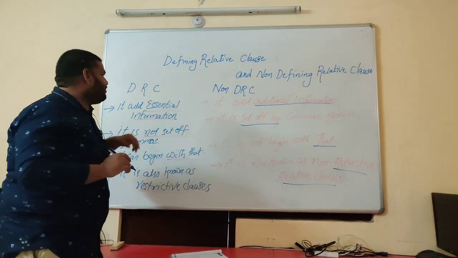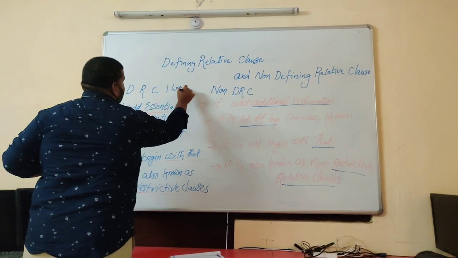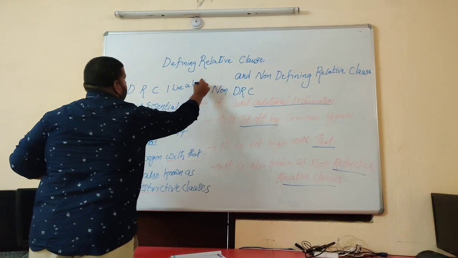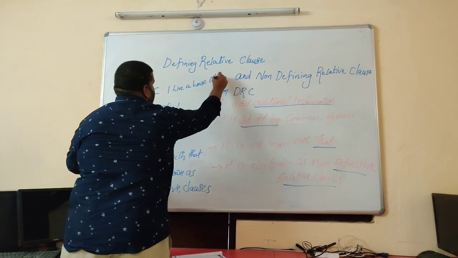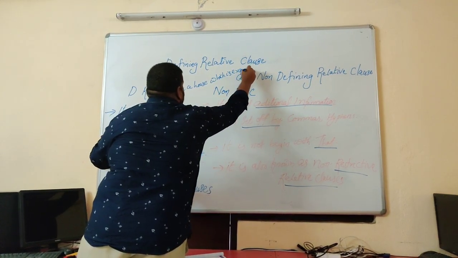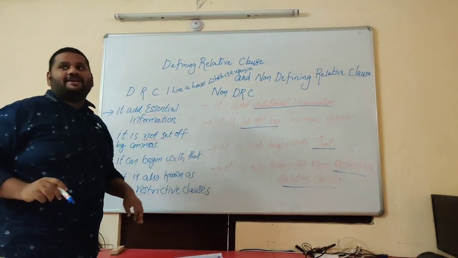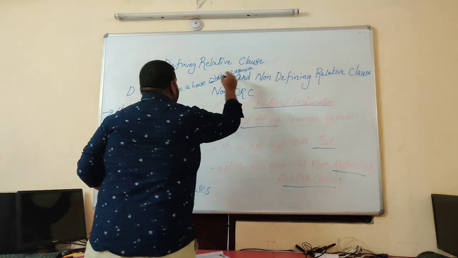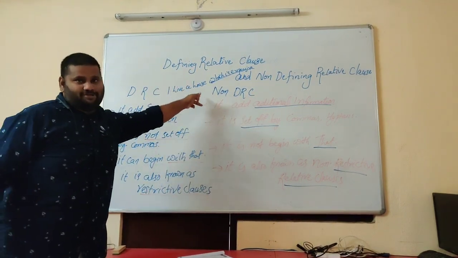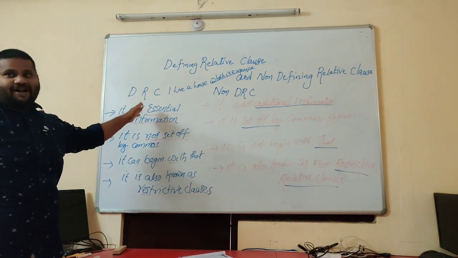For example, if I say, I live in a house which is expensive. Here this is known as a defining relative clause. This is the essential part we have to add to write a defining relative clause.